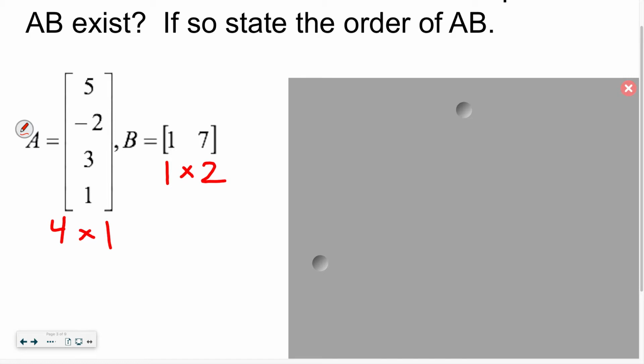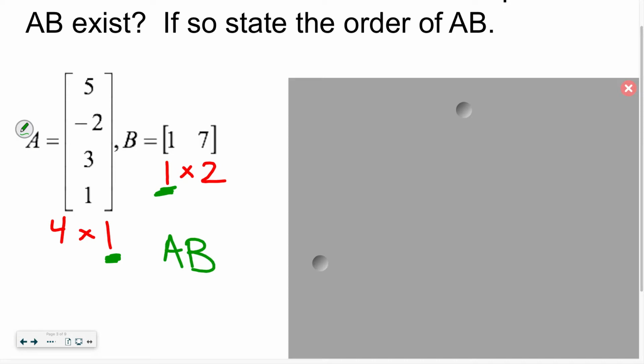Okay, can you multiply them? Alyssa, can you multiply them? Yes, because remember, you have to make sure the columns in A match the rows in B. Do they match? Yeah. Okay. So that means that my answer matrix AB is going to be what dimension?